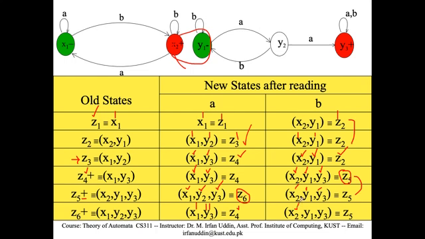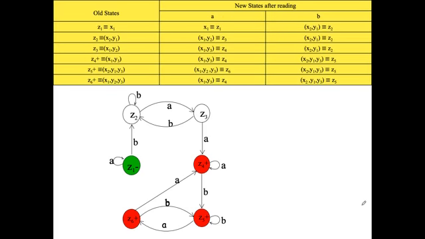Y2 reading B, we go to X2, Y1, and Y3 reading B, we go to Y3, which is the same as the previous state Z5. No more new states are created, so we stop here. And if we build the resultant FA, it looks something like this, which is basically the finite automata for the concatenation of these two languages.